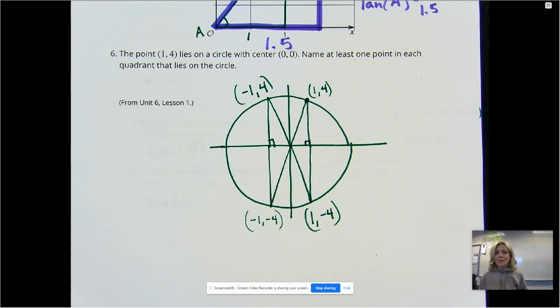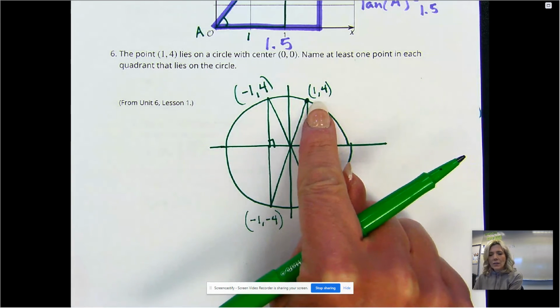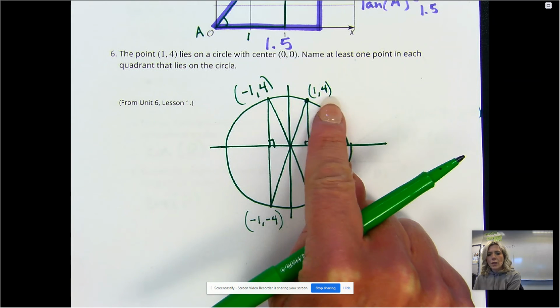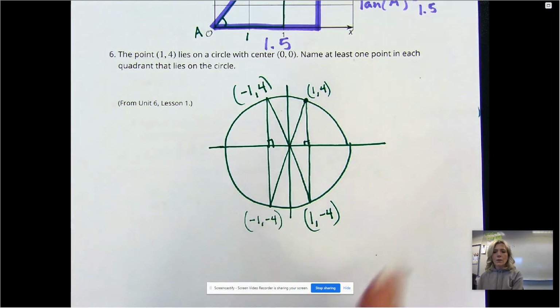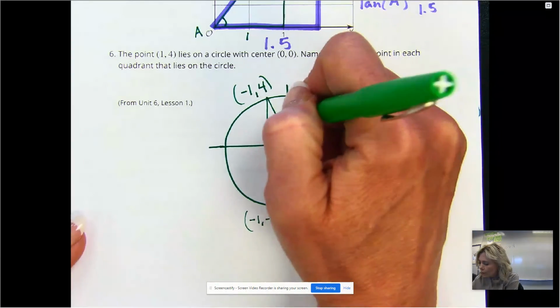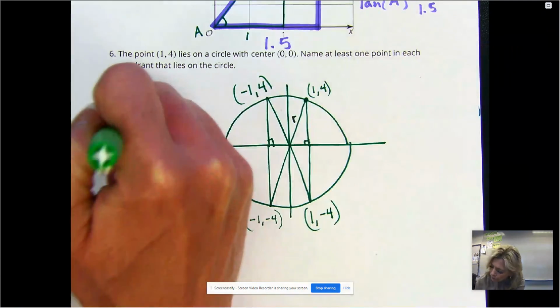And this came up in class today. There was like a student in each class that knew this. Going back to this original point that was given, if we switch the x and y values, we would still have whatever this radius is.